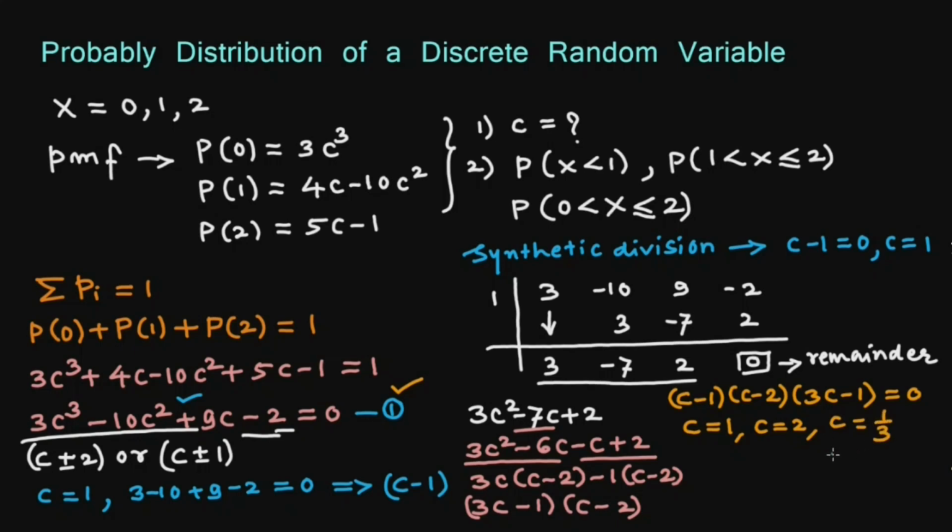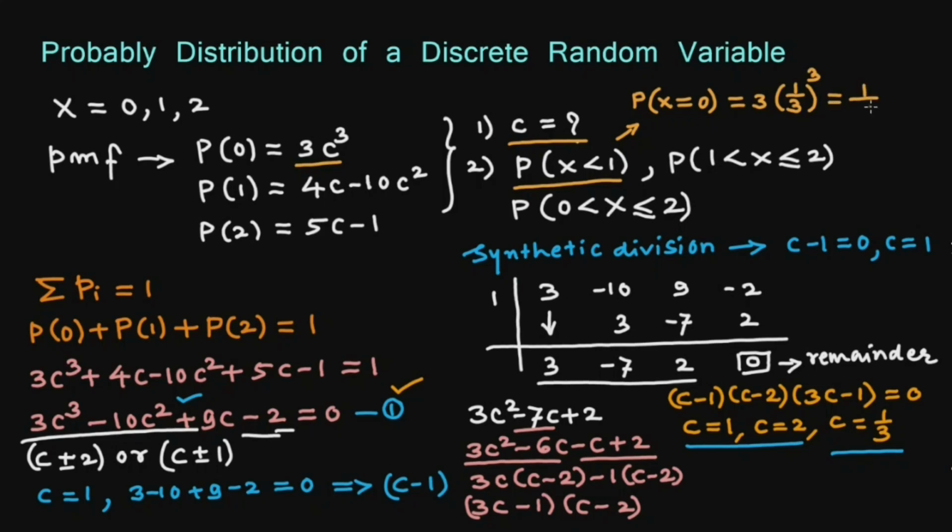So the value of c is 1 upon 3, and it cannot be 1 or 2 because probability cannot be greater than 1. After finding this c, we have to find p of x less than 1, which will be p of x equals 0. That will be this 3c cube, that is 3 into 1 by 3 cube, which will be 1 by 9.